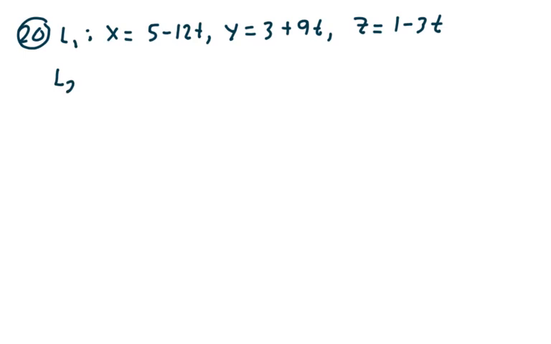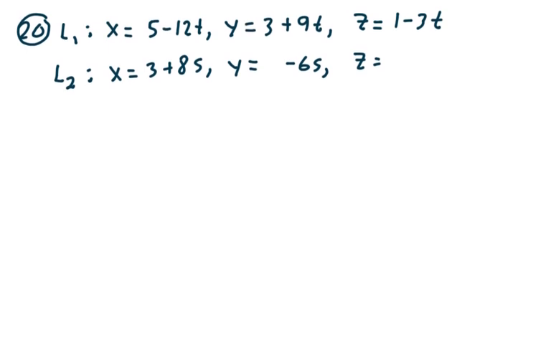And then L2 is given by the parametric equations x equals 3 plus 8s, y equals negative 6s, and z equals 7 plus 2s.